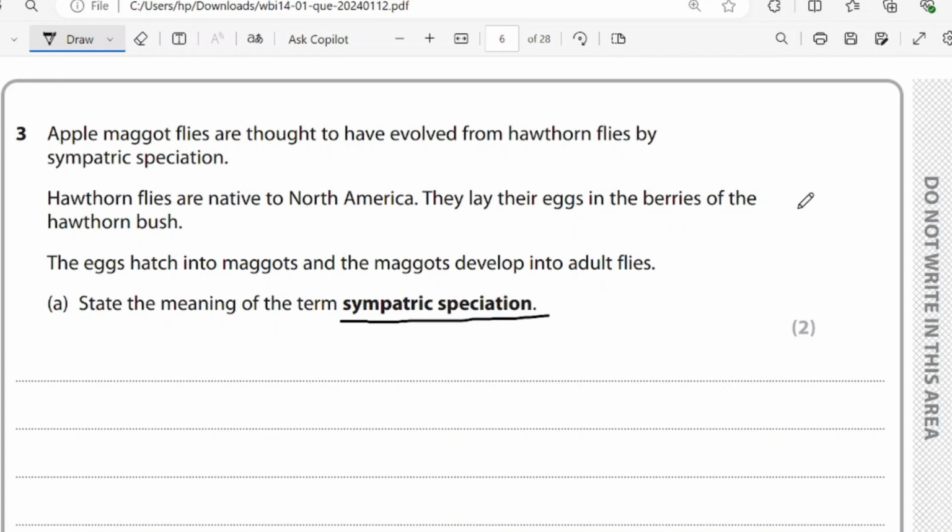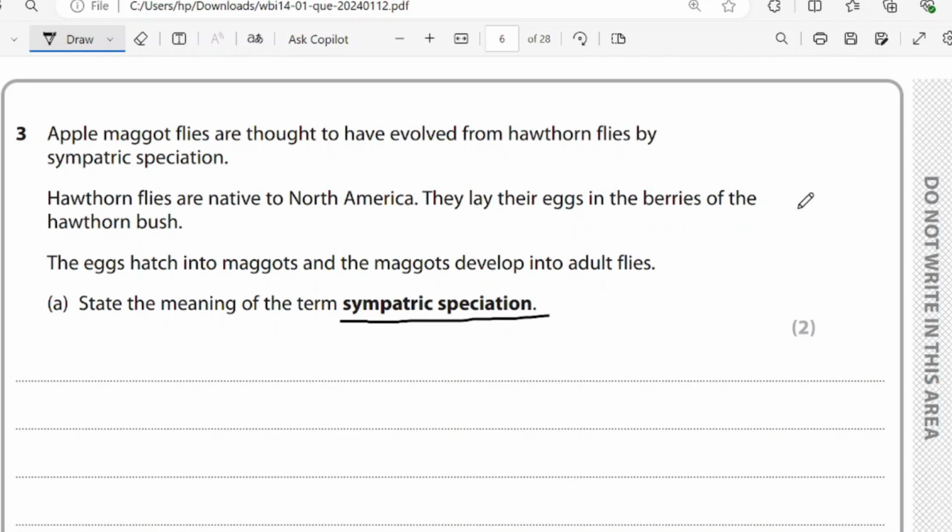Right. What you have to know when it comes to speciation is that there are mainly two types. One is allopatric speciation, and the other, as they asked, is sympatric speciation. Speciation basically means how a different species is evolving from a previous one.